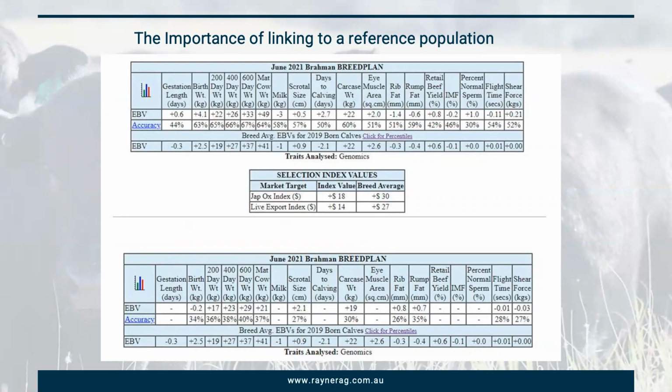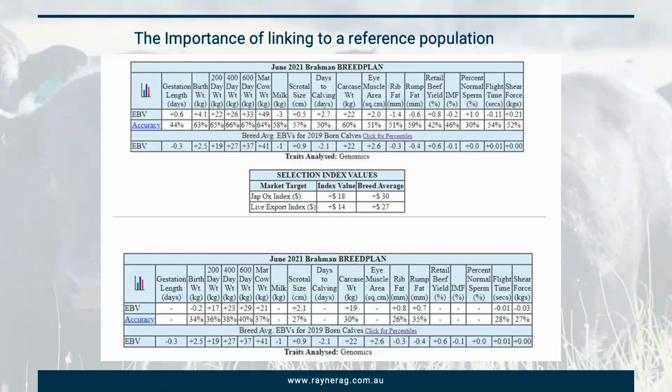Again, I'm indebted to Jen for this one, but this is from the Brahman BREEDPLAN. The bull at the top has accuracies that range from about 40% or 30% for percent normal sperm, right through to reasonably high accuracy of 69% for growth traits and so on.